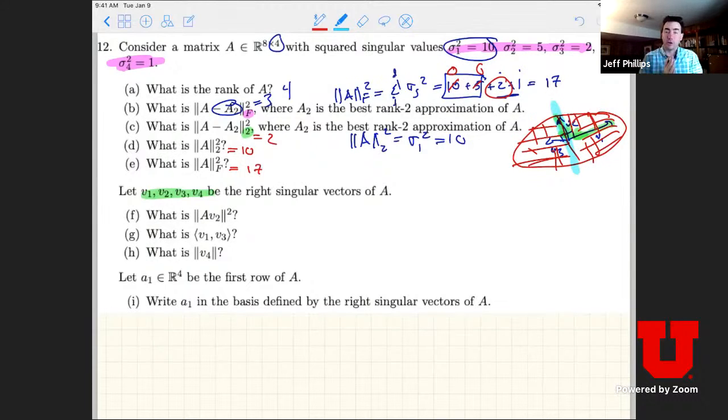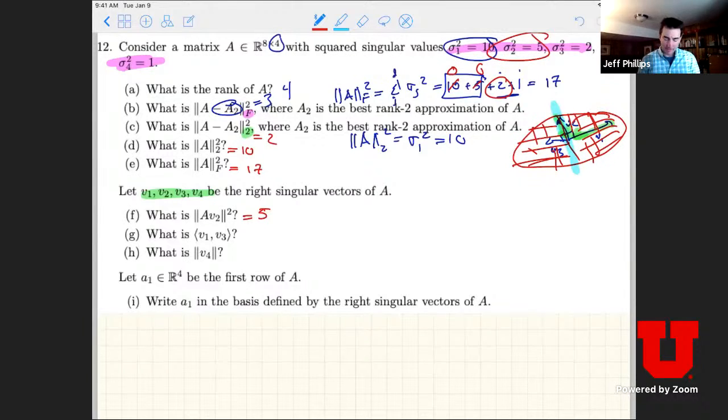That's what the squared norm is saying. So I know the answer here is exactly going to be 5, coming from up here. That's what the second squared singular value is capturing.